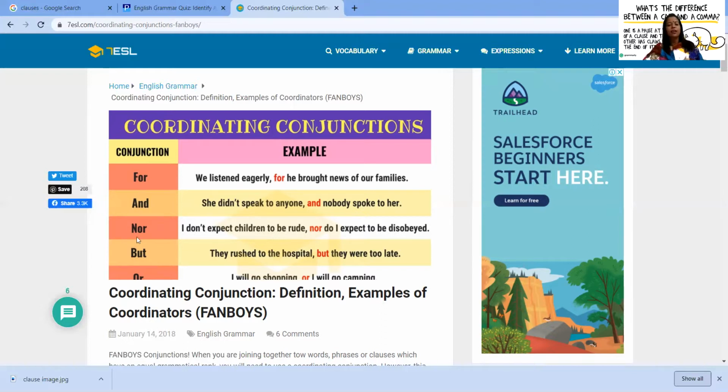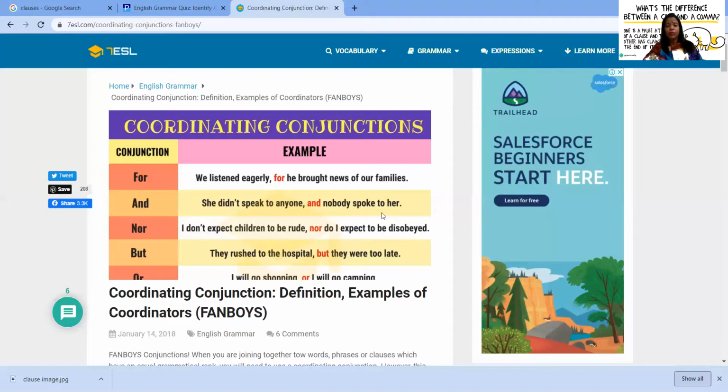Now let's see the third letter of FANBOYS, that is N for nor. I don't expect children to be rude, nor do I expect to be disobeyed. That means I don't expect children to do either of these two. They are not supposed to be rude, and neither are they expected to be disobeyed.